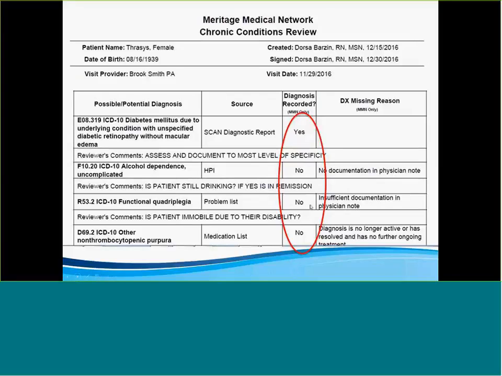Quadriplegia was maybe mentioned, but there's no documentation that the patient was functionally quadriplegic or wheelchair or bed bound, so that didn't count. And non-thrombocytopenic purpura, the diagnosis was not active or was resolved, so this was taken off the denominator. So this person got 1 right out of 3, unfortunately, won't get the bonus.